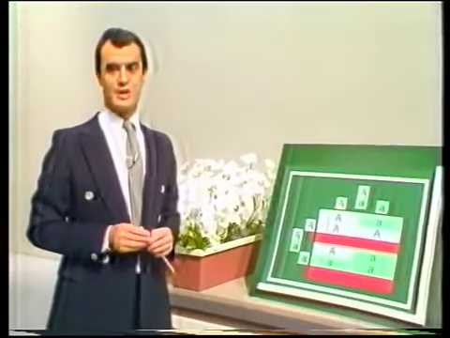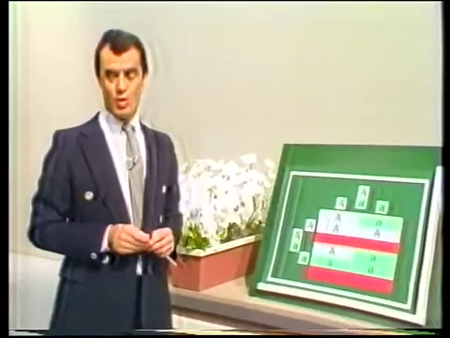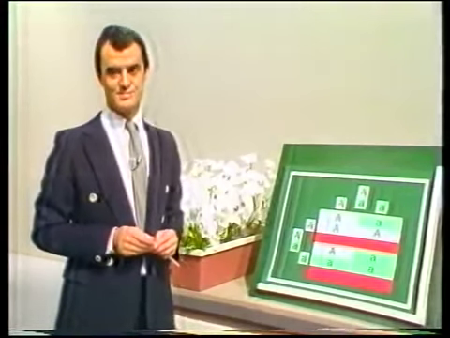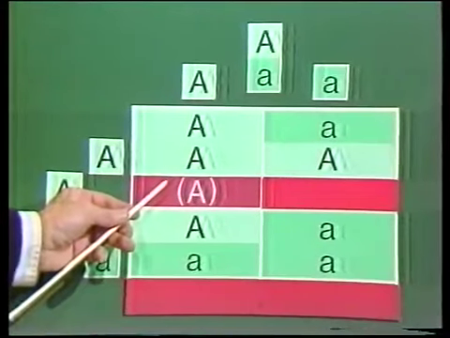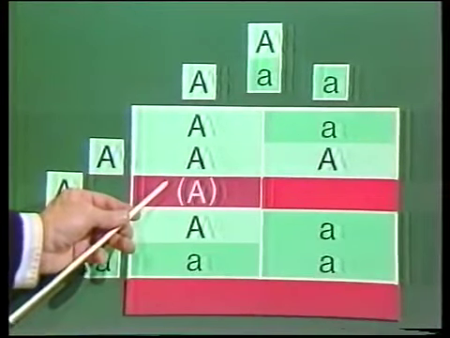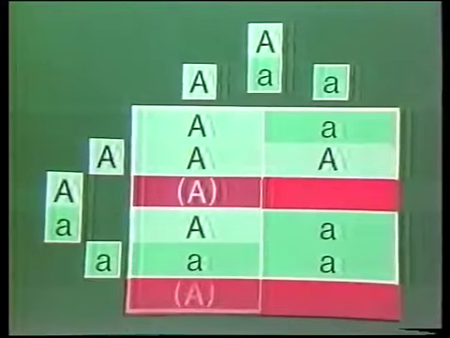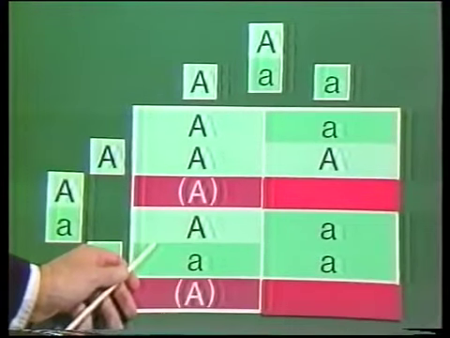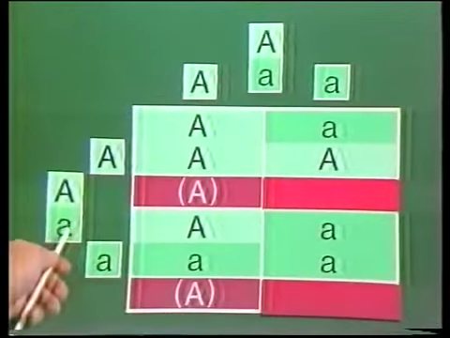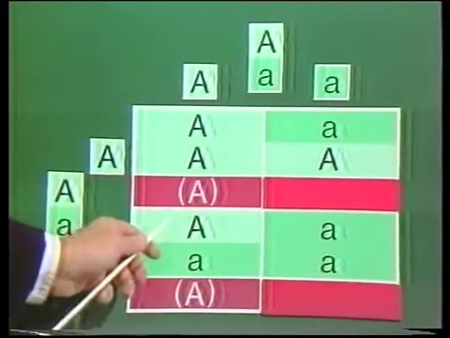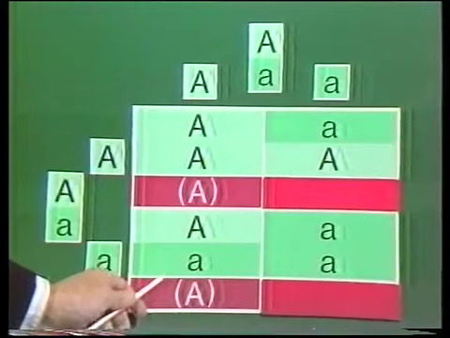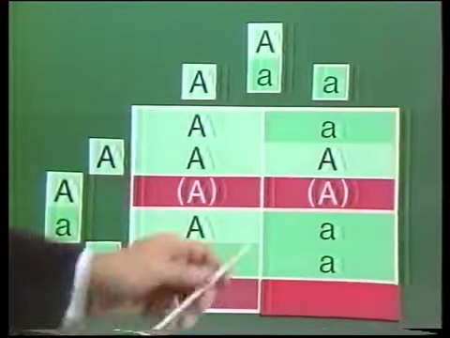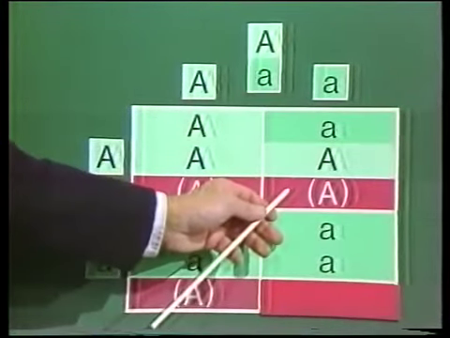So what would these offspring look like? What would be their phenotypes? This is like the normal plant we started with. It's got the normal leaf. This is like each of these parents. It has this dominant gene and so appears normal. This one is the same.